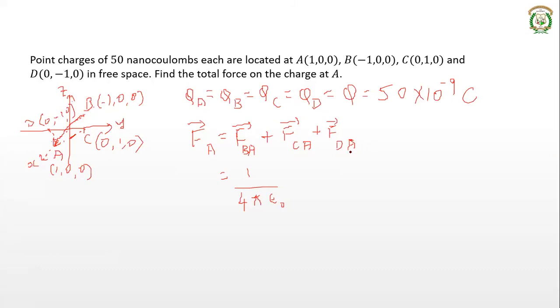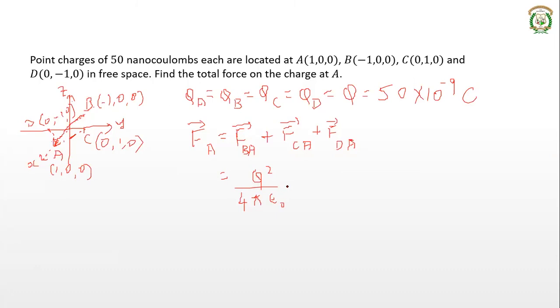In case of FDA, it is QD into QA. All of them are equal to Q, so QA into QB will be Q square. Similarly QA into QC is Q square, and QA into QD is also Q square. Since all the charges are equal, when two charges are multiplied you get Q square.